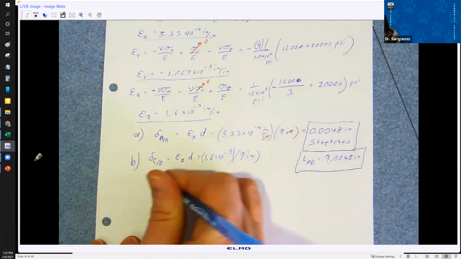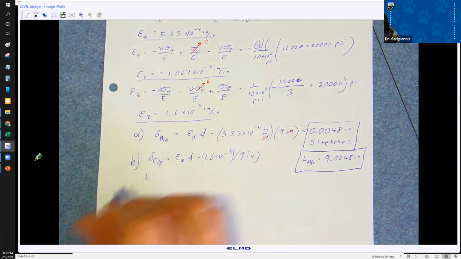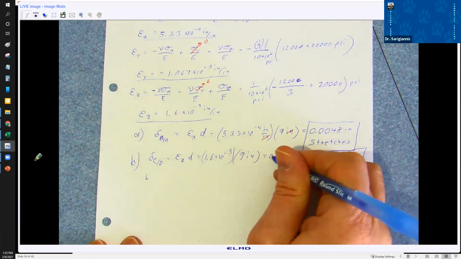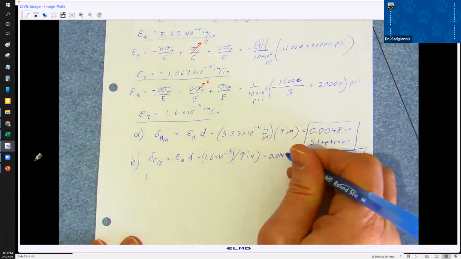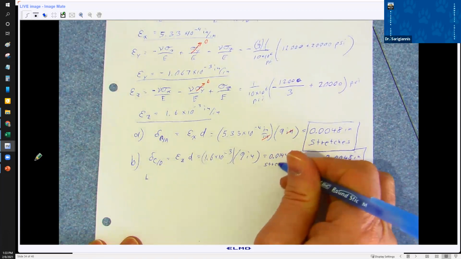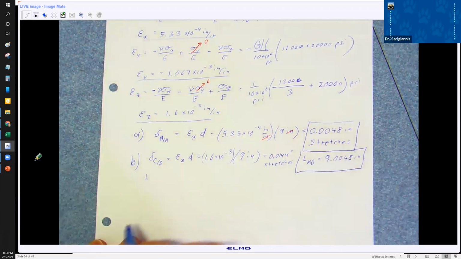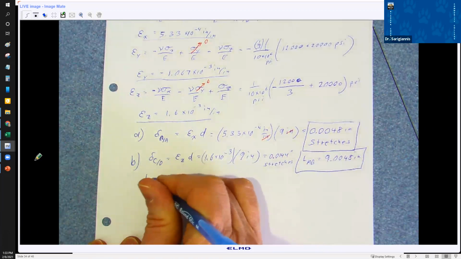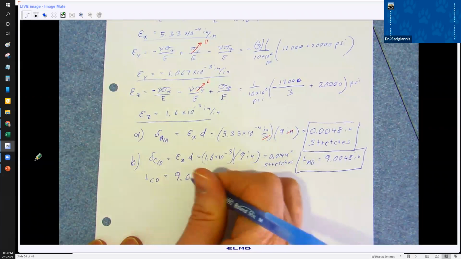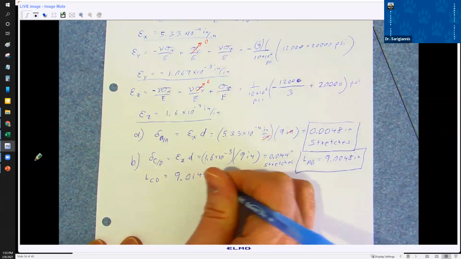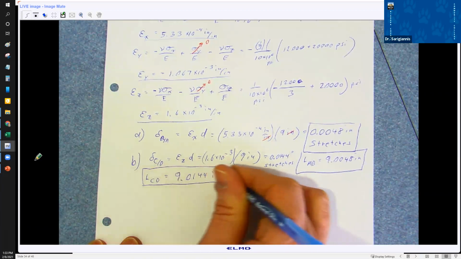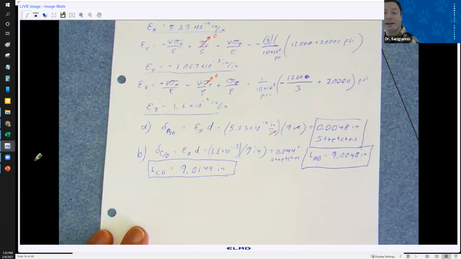So the change in length is 0.0144 inches, and this stretches as well. So the length of CD is going to be 9.0144 inches. That gets longer.